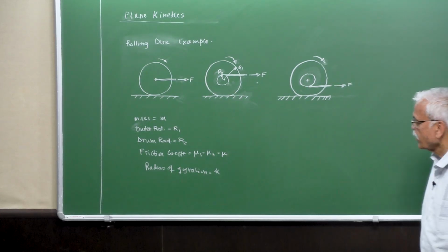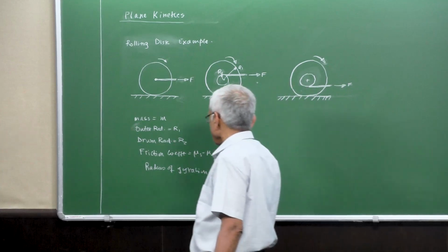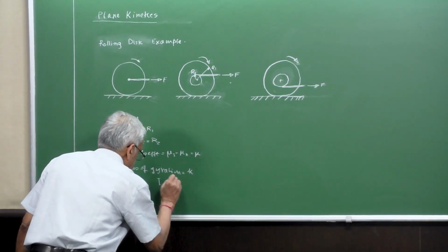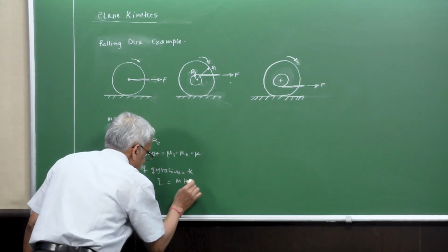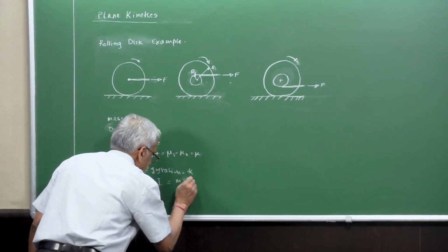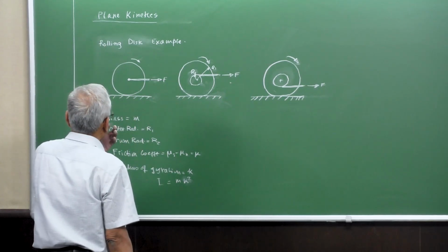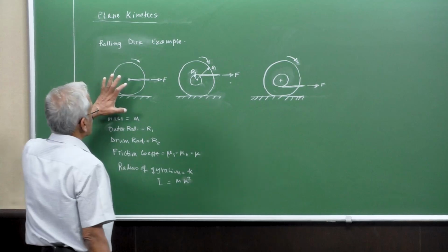So that is, the radius of gyration is k, which essentially means that the I here is m k square. I hope you have understood the problem here.